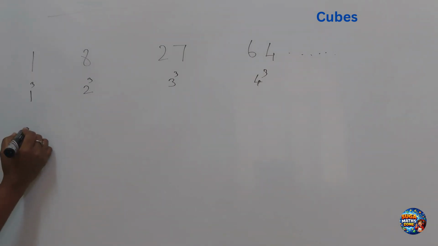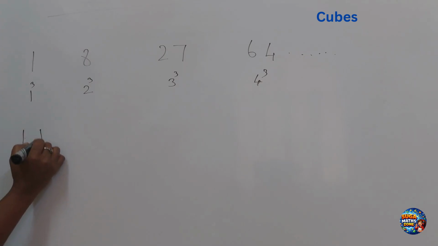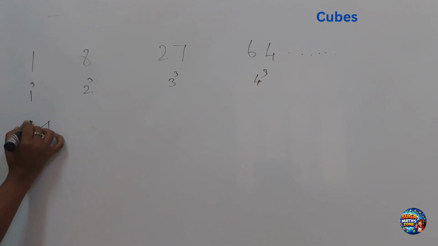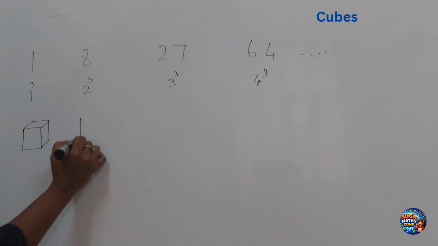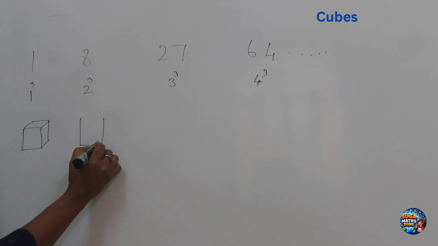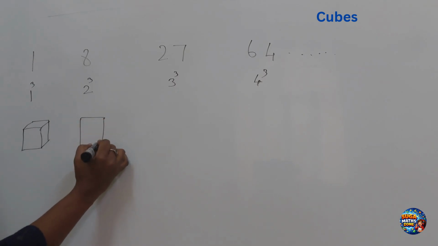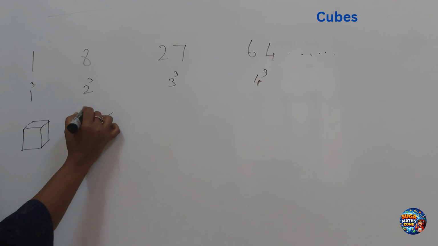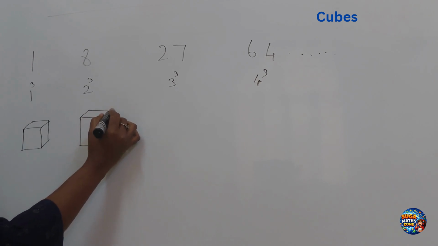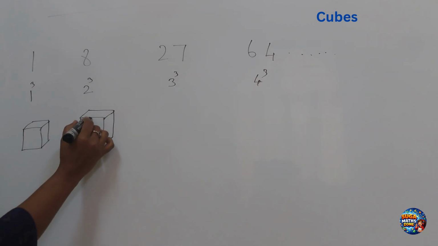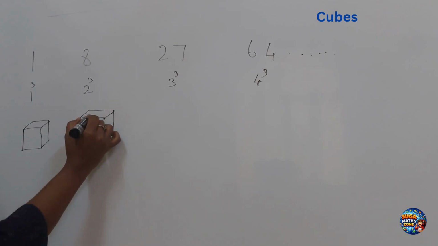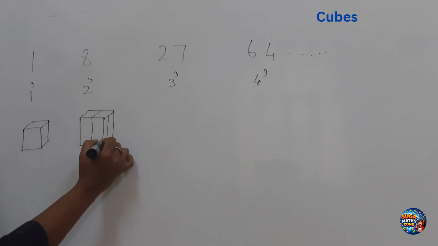So for 1 cube, here I draw a cube. Then 2 cube: just draw 1 cube, and inside you can draw another cube. 2 cube means the cube is equally divided into 2 parts.